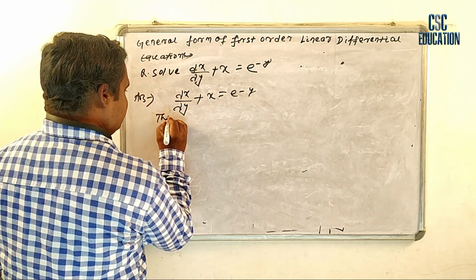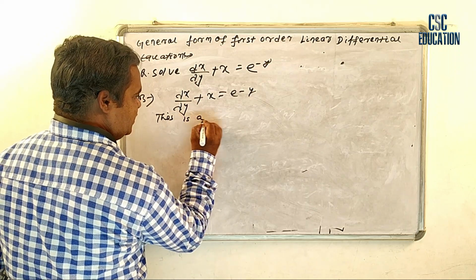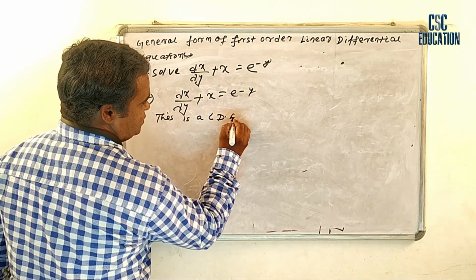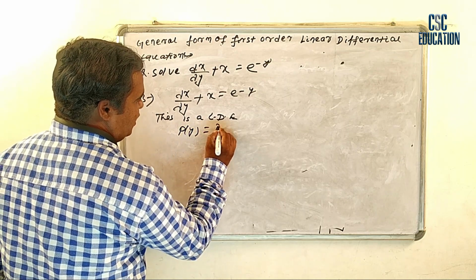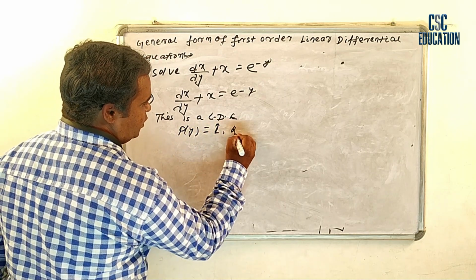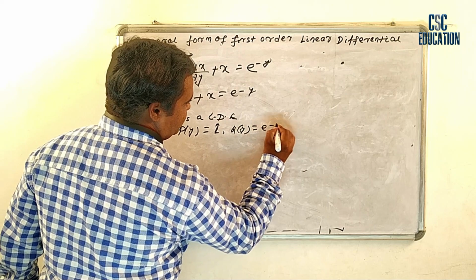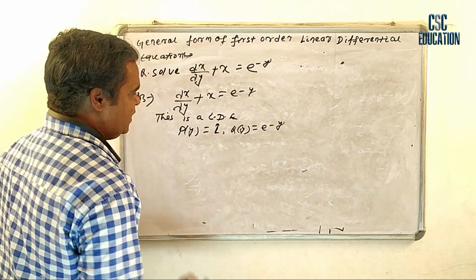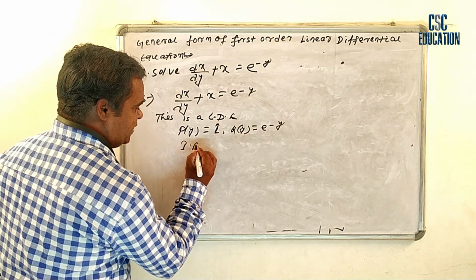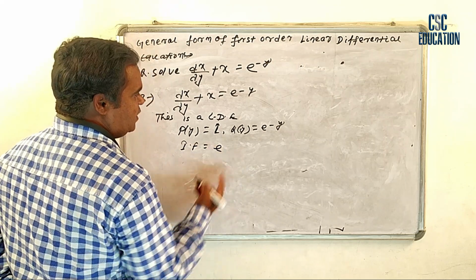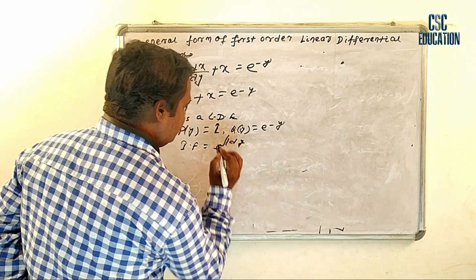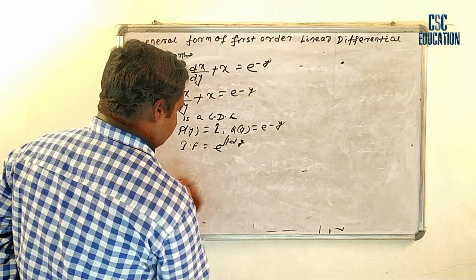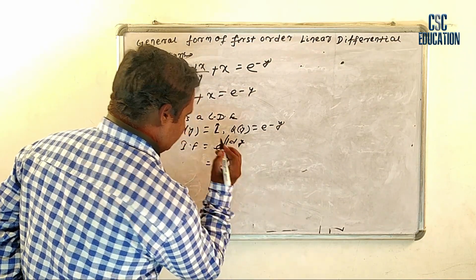This is a linear differential equation. Here P of y equals 1 and Q of y equals e to the power minus y. Now we find the integrating factor, e to the power integral of 1 dy, so the value is e to the power y.